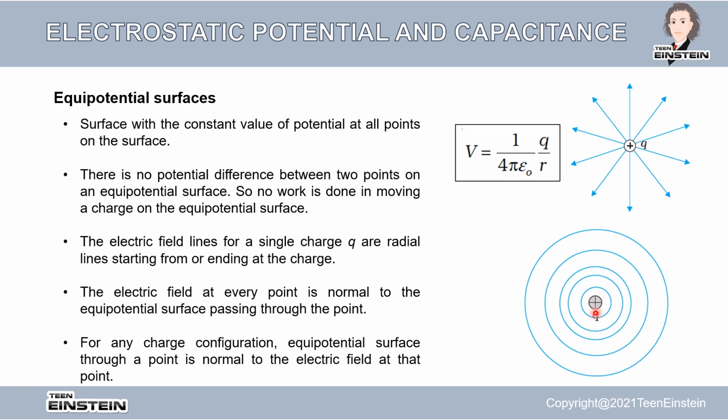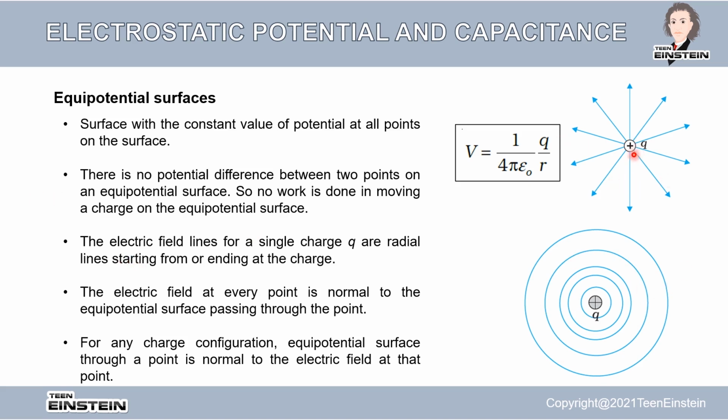That's what is shown here. We have a charge q, and around this we have many concentric spherical shells, and each of them represents an individual equipotential surface. For example, if I bring another charge onto one surface here, and move the charge along this particular spherical shell, I don't have to do any work because the potential is the same everywhere on the surface.